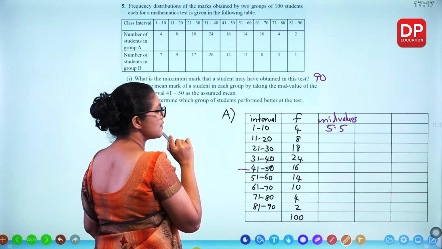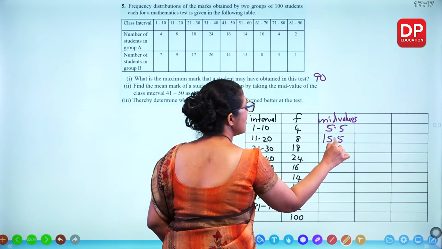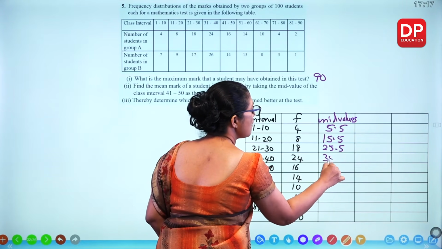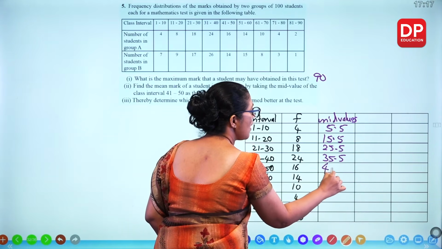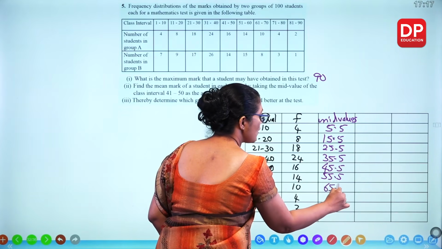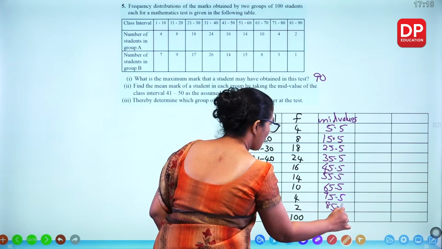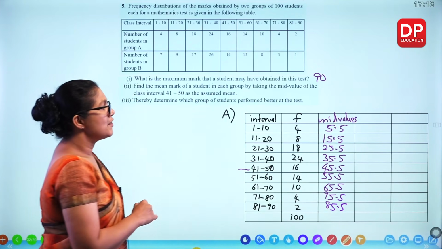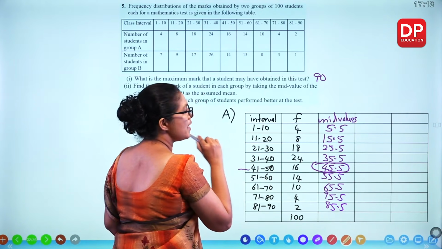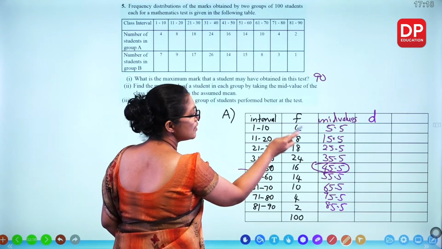Here, 31 divided by 2, 15.5. Here, 25.5, 35.5, 45.5, 55.5, 65.5, 75.5, 85.5. Those are the mid values. Now, we have to take this as the assumed mean. So, what's the deviation? Subtract these ones.